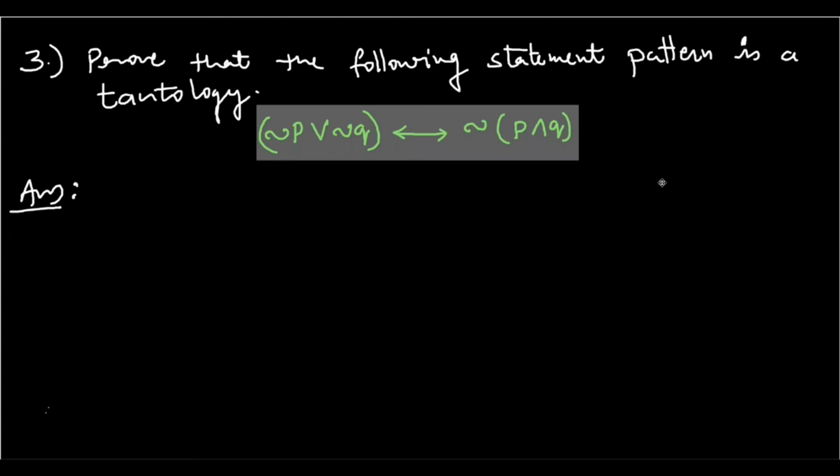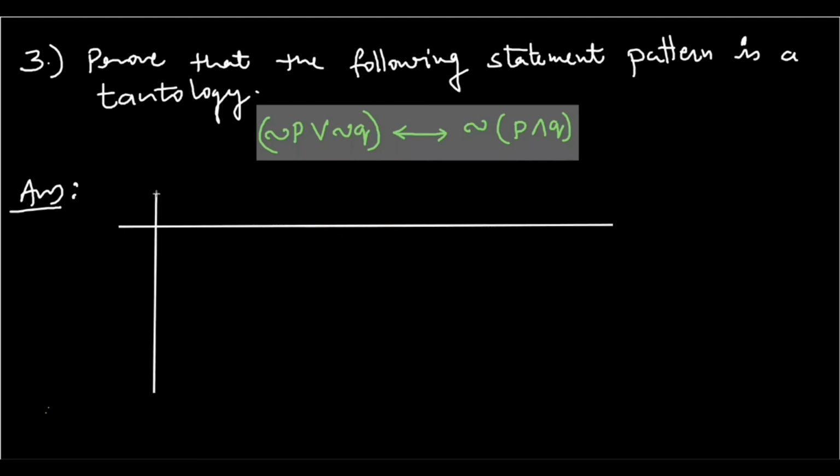Okay, and one header I will have. So here I go for the header. As you know, students, since I have two component statements, the first two columns will be P and Q only.